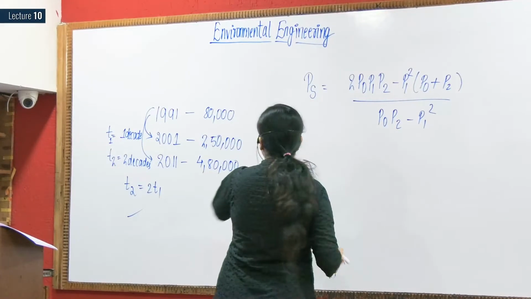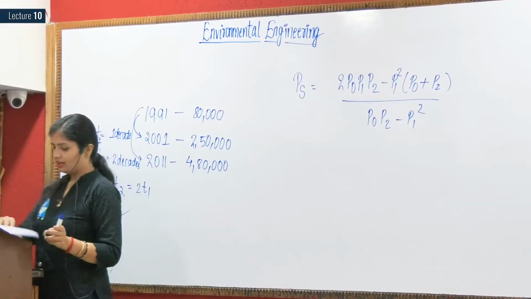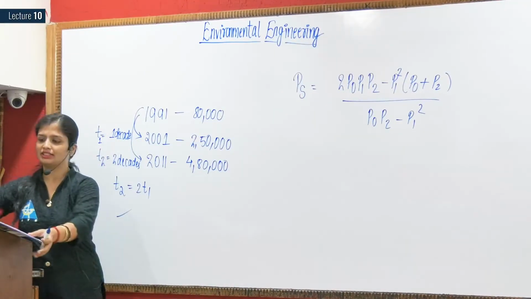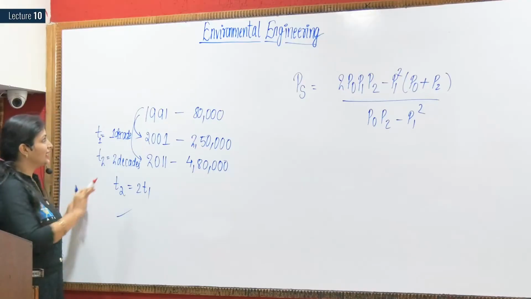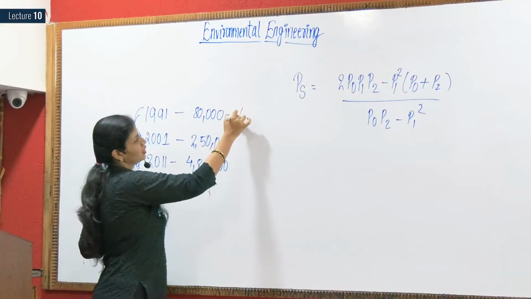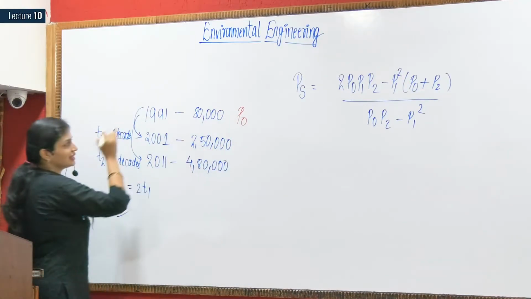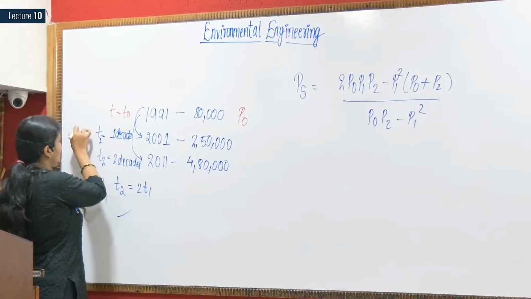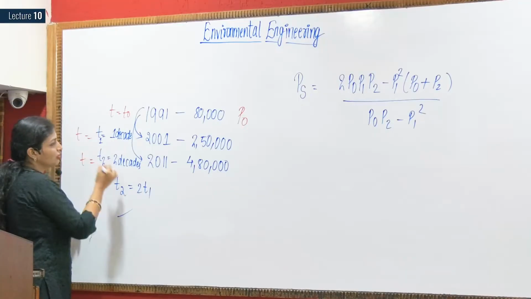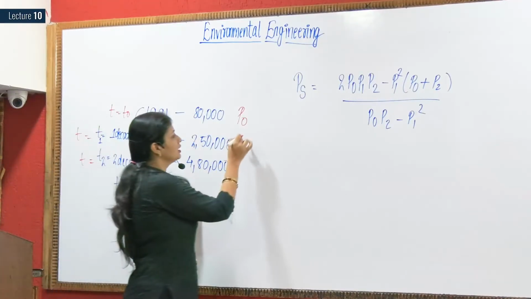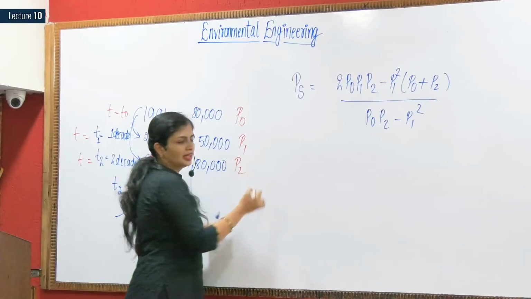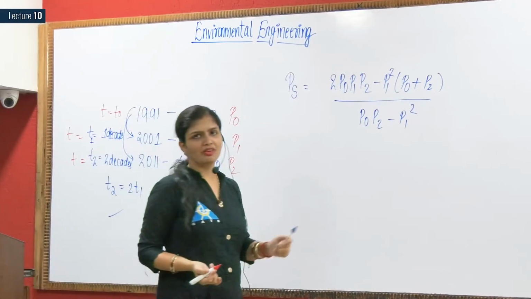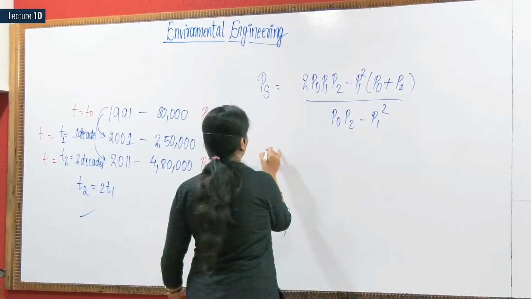We have already discussed at T is equal to T0 this was P0, we'll consider this as the base. So T is equal to T0, T1 and T2. This is P0, this is P1, this is P2. We'll just substitute the values, nothing else is there in this problem.